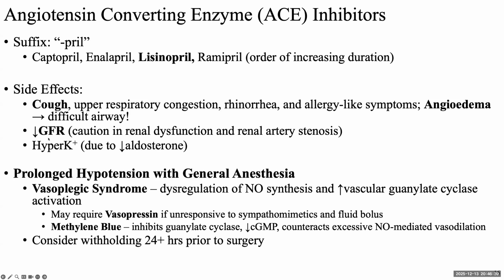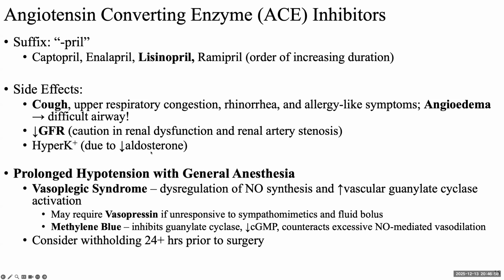We'll probably see a decrease in GFR, so caution in renal dysfunction or patients who have renal artery stenosis. And again, hyperkalemia might be an indirect effect due to decrease in aldosterone.